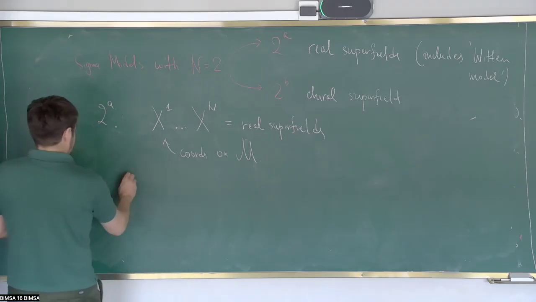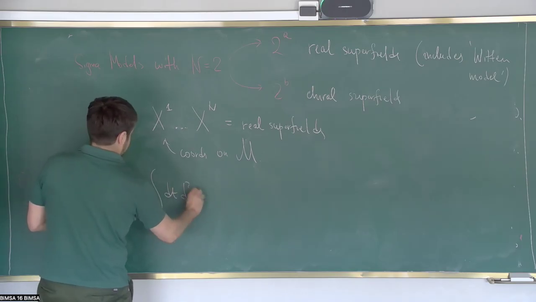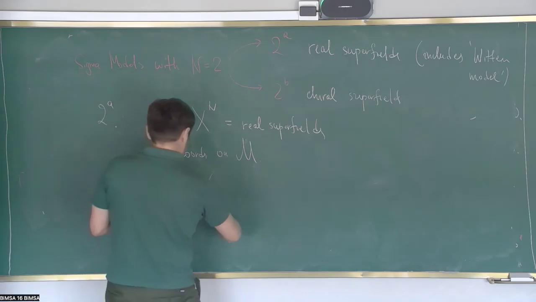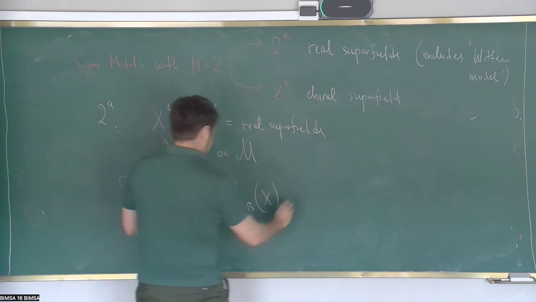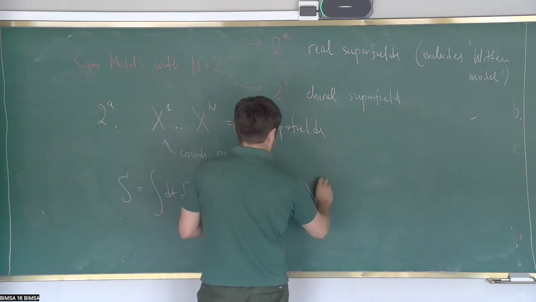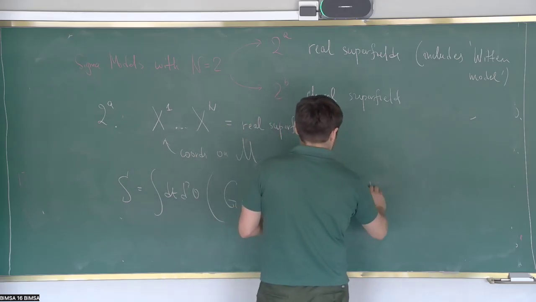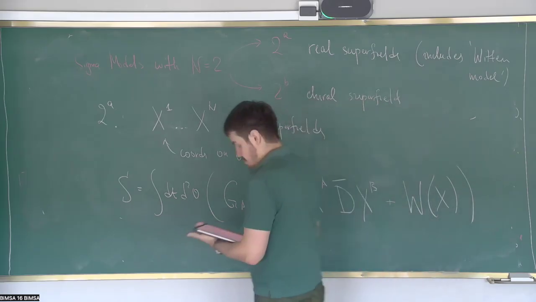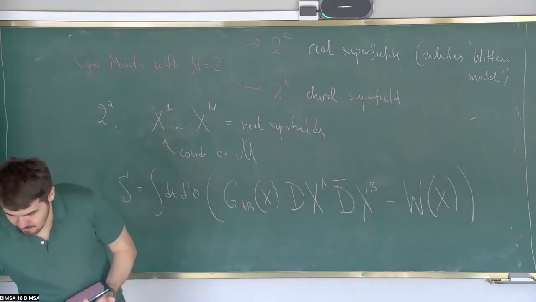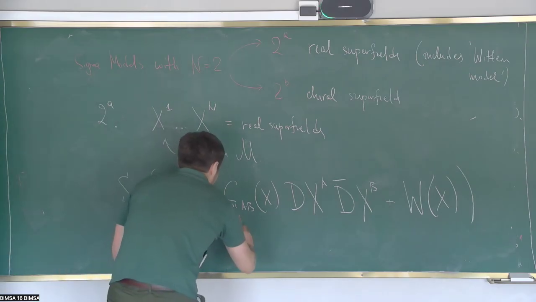And the action that we will write as follows. So g is the metric now.